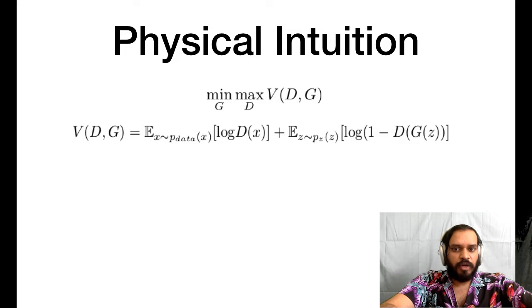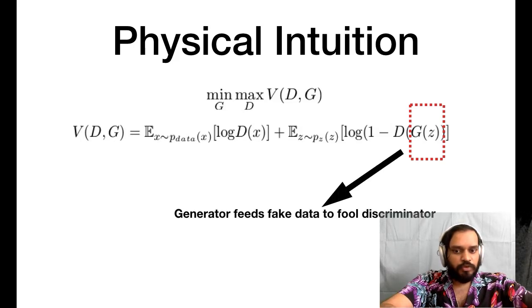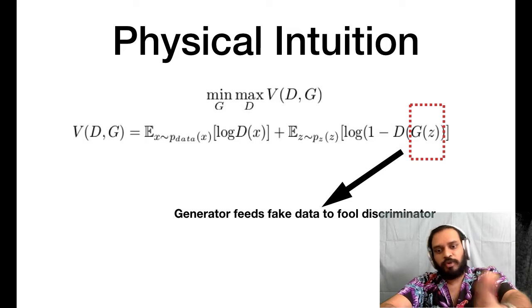If you look at the term which I have marked in the circle, G of z, that is basically feeding a noisy input z into G, and the job of G is to be able to make fake data. Now G wants to make fake data which is super close to the real data, right? And its incentive is to try to fool D so that D cannot tell the difference between what is real and what is fake. So that's what I've shown in the slide.